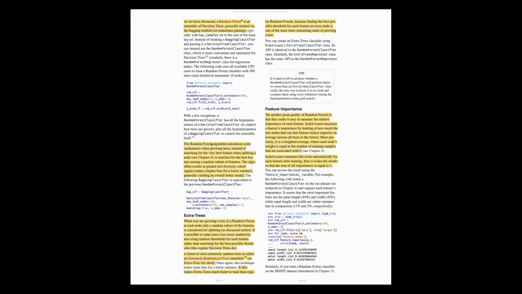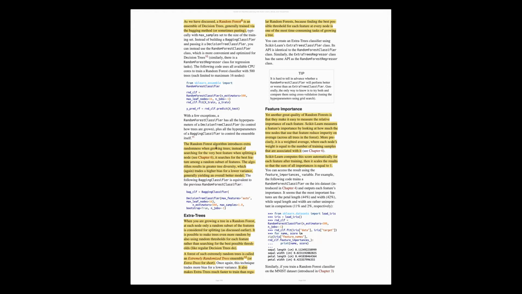While growing the random forest, you introduce some extra randomness. Instead of using all the features for splitting nodes in each of the decision trees, you first select a subset of the features for each tree, and then you're basically splitting only based on those features.